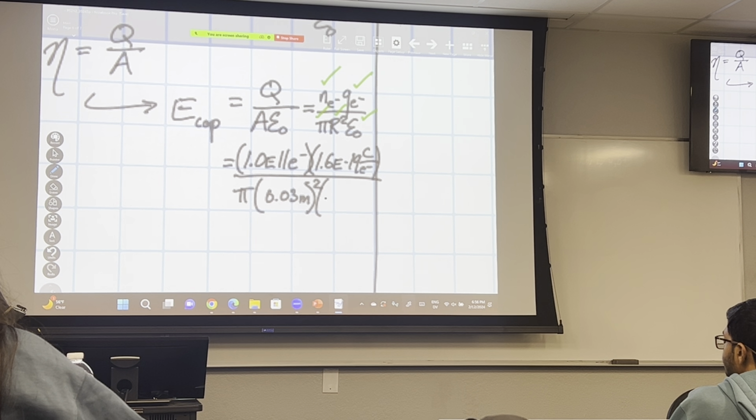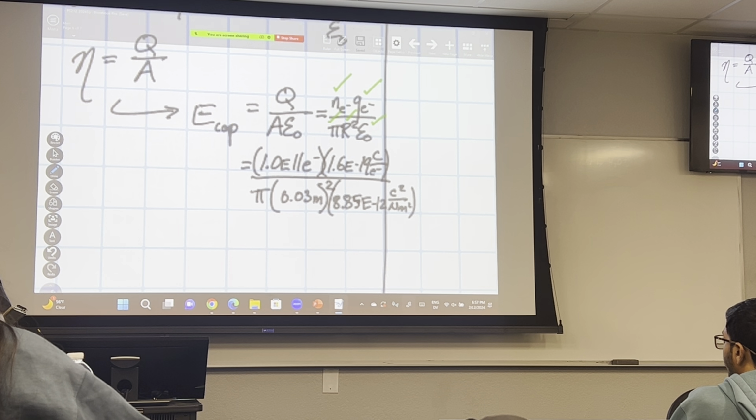And epsilon naught is 8.85 times 10 to the negative 12 coulomb squared per newton meter squared in the denominator.